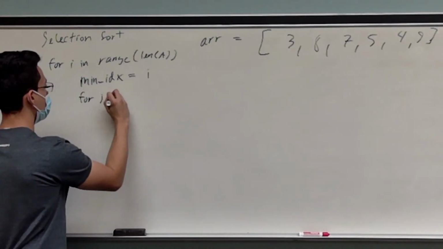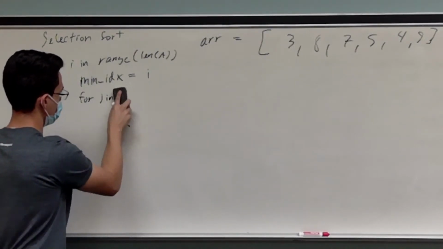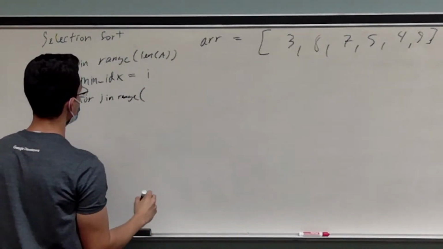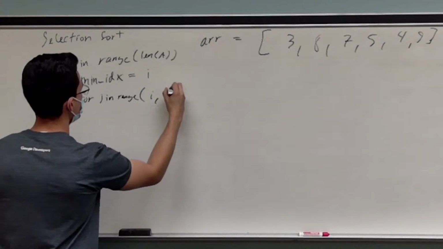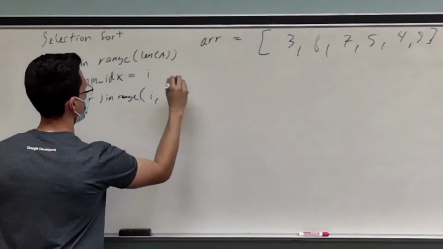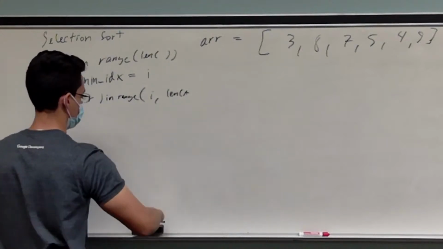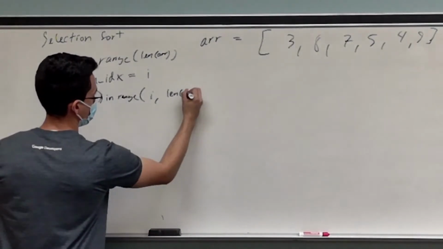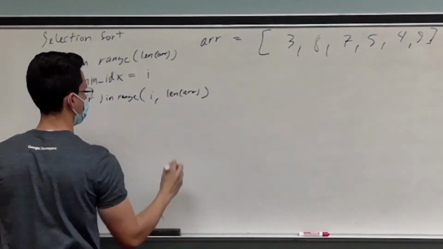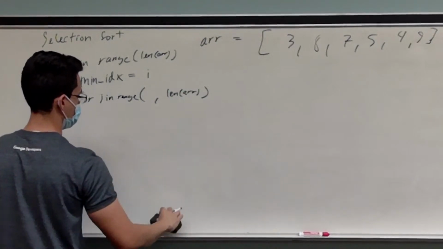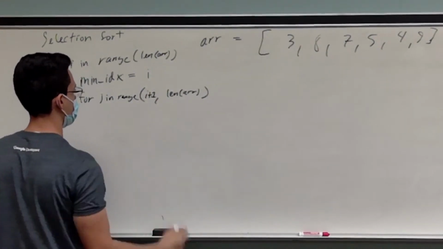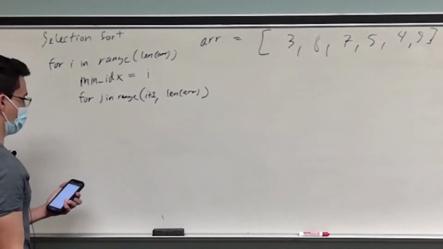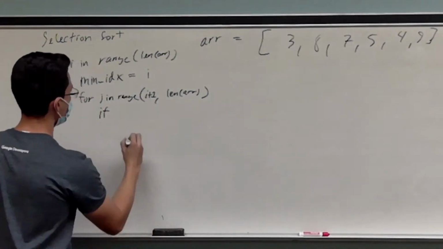For j in range, we start at i, go to the length, i plus 1. So for j in range.